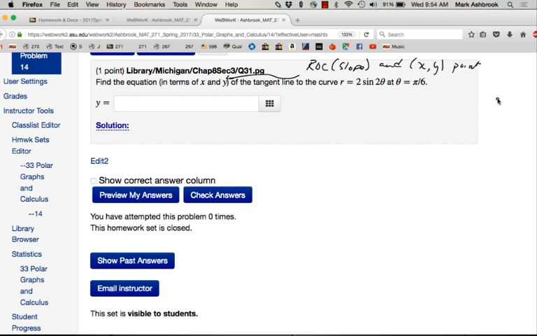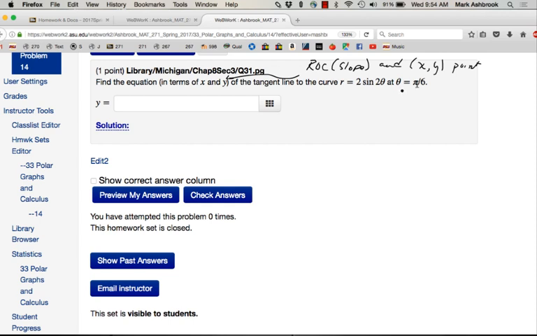So given the rate of change and a point, we all should be able to write the equation of a line through that. So using our polar knowledge of this graph at this angle, we're going to come up with the x and y coordinates of the point and the rate of change, and then form the equation of the line just like you've done in your whole career.